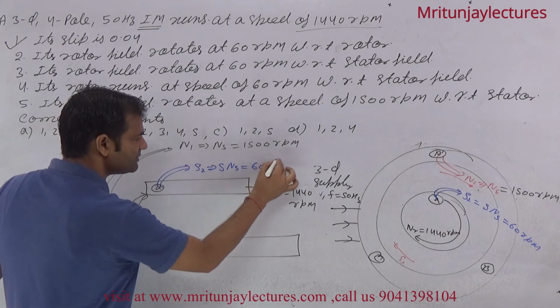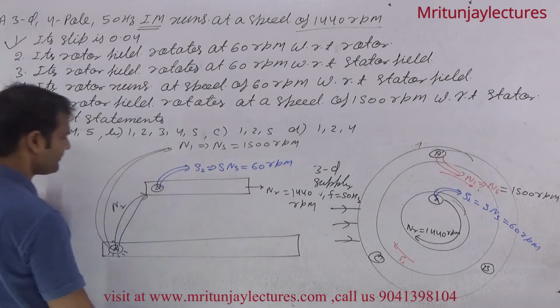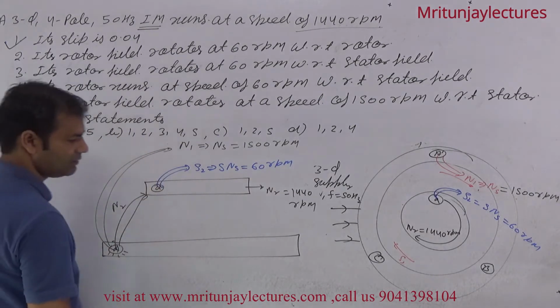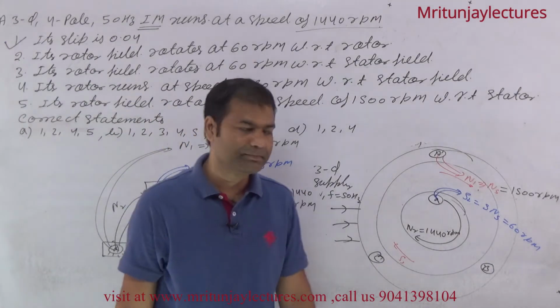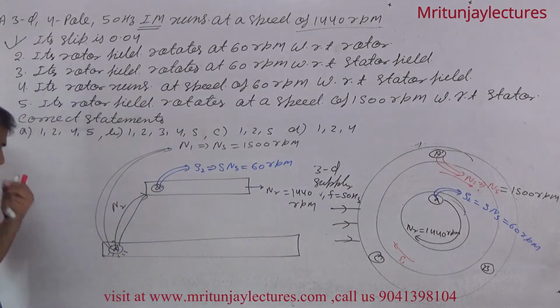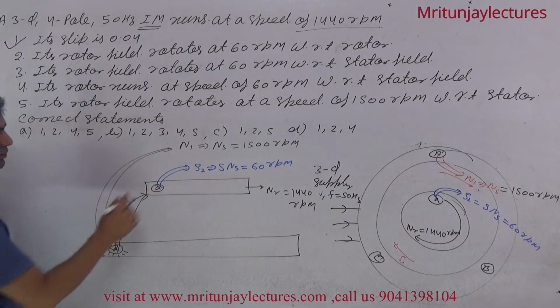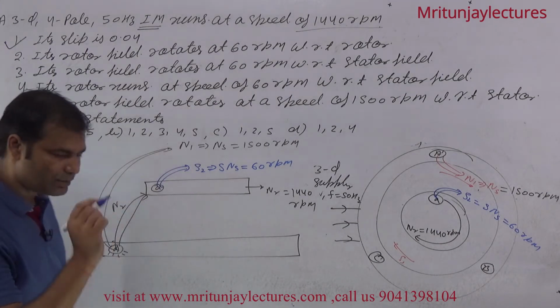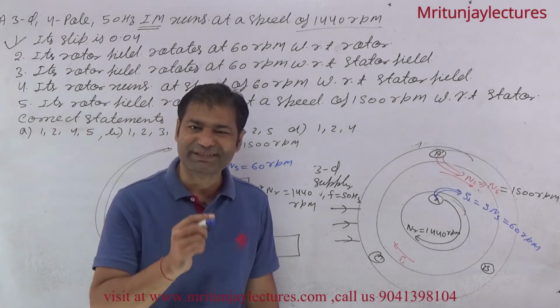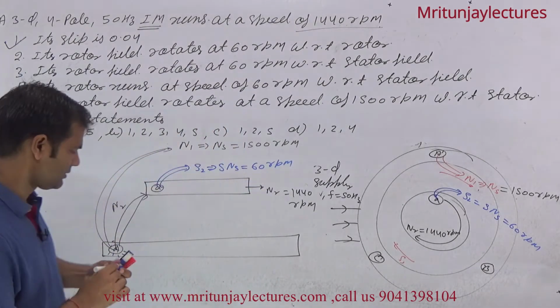Which speed? 60 rpm. Clear? That is the rotor field with respect to the rotor winding. Now what about the speed of the rotor field with respect to the stator winding?